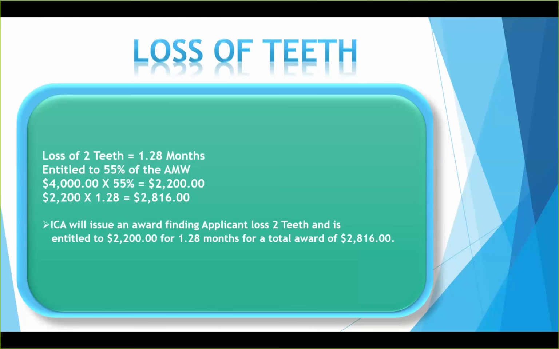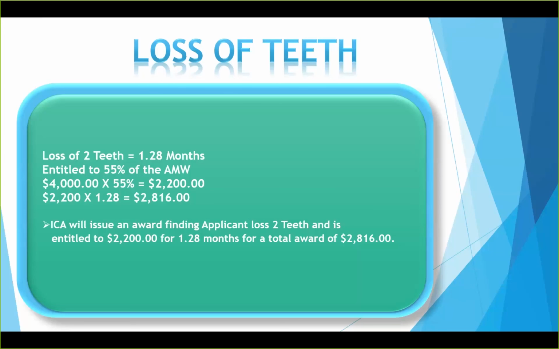For this example, the injured worker appears to have lost 2 teeth, which would entitle him, based on the previous example, to 1.28 months. Loss of teeth and facial awards are always paid out at the 55% rate of the average monthly wage.